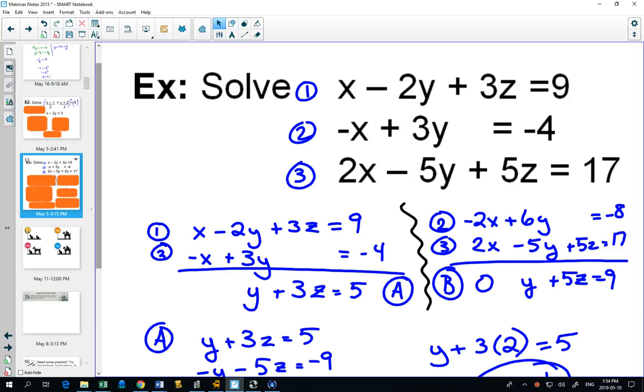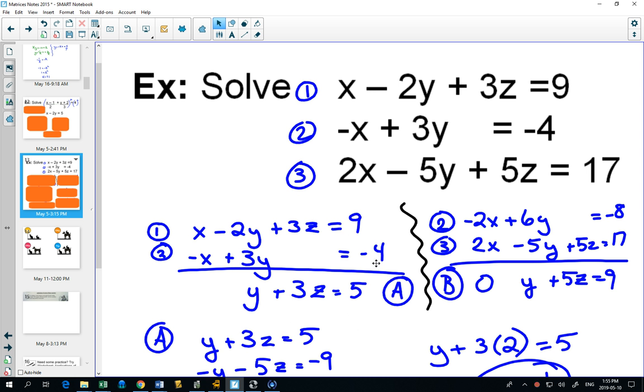Now I'm going to pull up some of your work because some of you used substitution and some of you used substitution and elimination and some of you used super elimination, which I'm going to call it, to see a couple of different and creative ways that we could do this. And that's the nice thing about these equations.